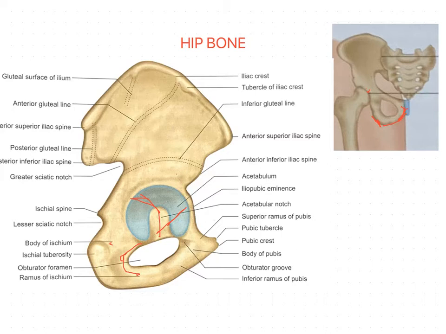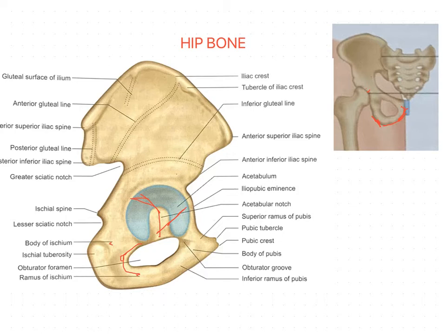The body of the ischium has two ends, an upper and a lower end. It also has anterior, posterior and lateral borders, three borders, and three surfaces: femoral surface, dorsal surface and pelvic surface.